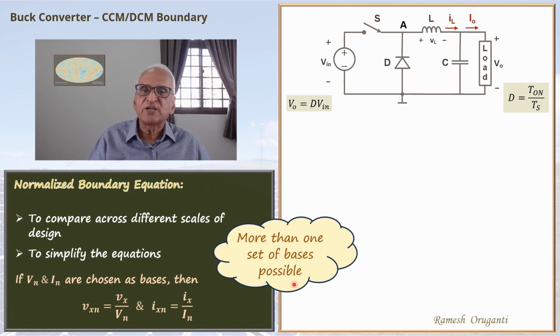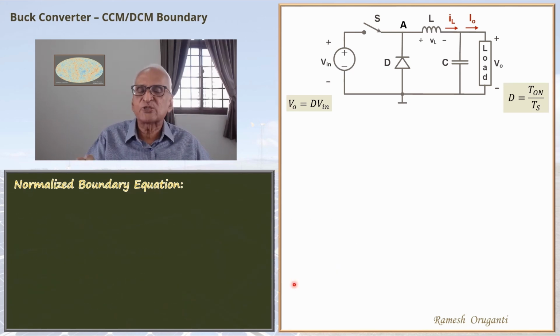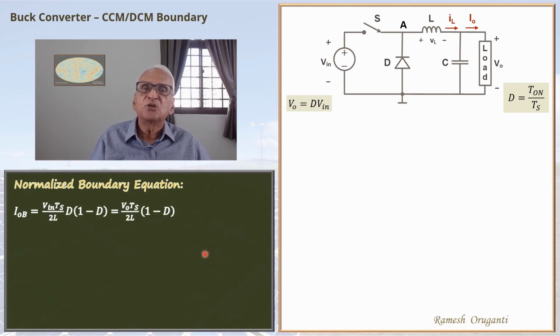Let's take the boundary current, Vin Ts by 2L times D times (1 minus D). If you express it in terms of Vo, it will be Vo Ts by 2L times (1 minus D). So for the voltage base, the obvious choice will be either Vin or Vo. We can call it base Vin or base Vo.